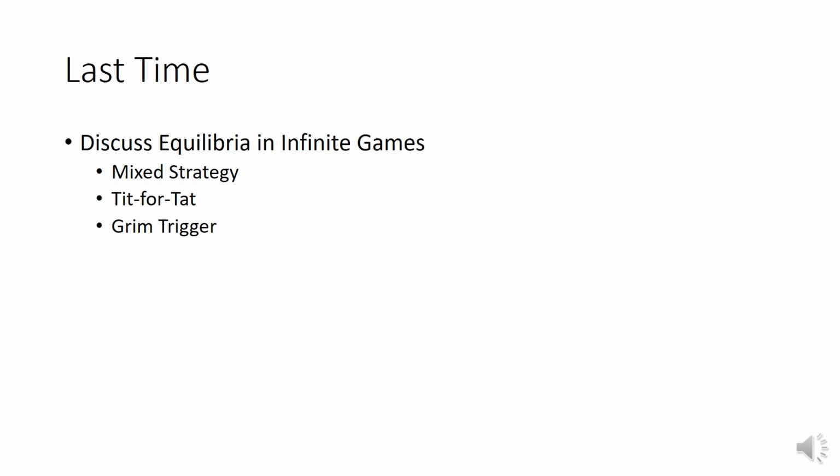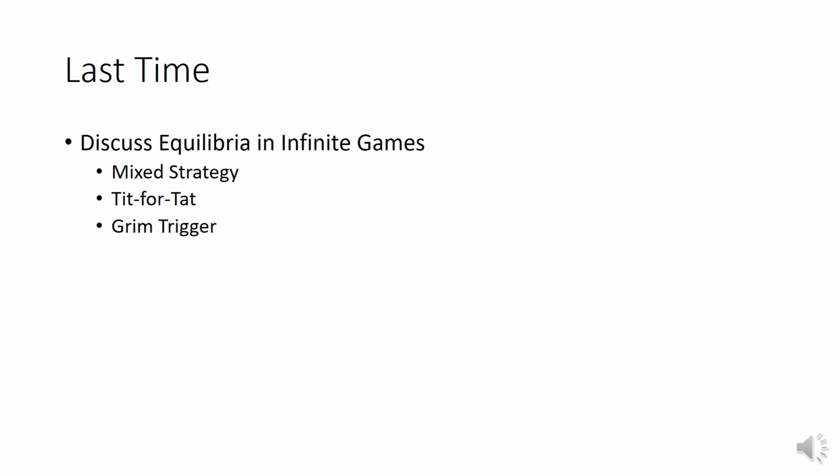So, as I mentioned, we are done with the theory part of game theory, which is quite fun because now we really get into the applications of game theory. Whereas last time we talked about equilibria in infinite games and infinitely repeated games, we can think of mixed strategy as a form of infinite equilibria. You can think of tit for tat, where you do whatever your opponent did the previous round, as an equilibria.